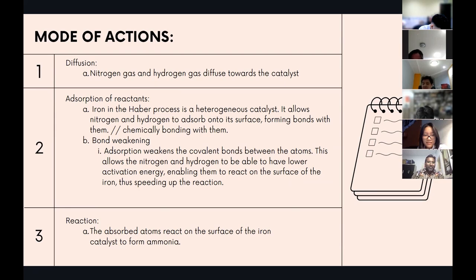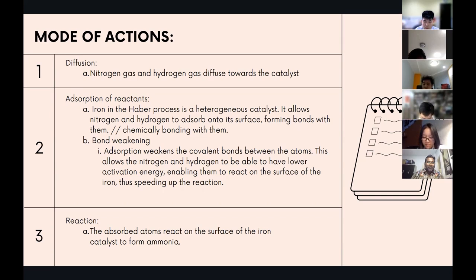This leads to our second step, the adsorption of reactants, in which iron is the heterogeneous catalyst here. The nitrogen and hydrogen molecules will adsorb onto the surface. So it's like sticking onto there, not completely going through, and it will form bonds with the catalyst.